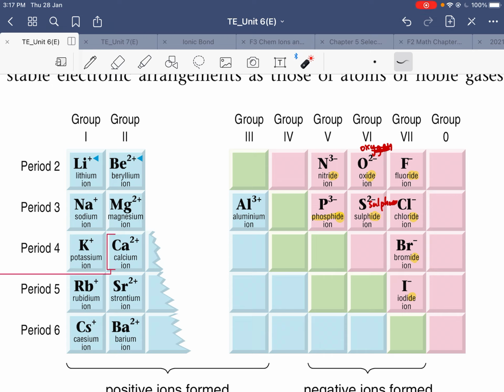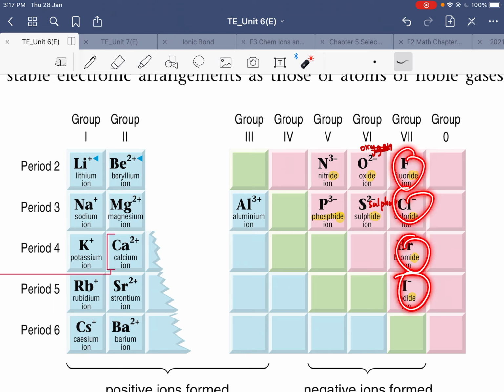So you expect all of the group 7 elements, after the formation of the ion, to carry a negative charge, because all of them just need 1 more. Fluorine atom, chlorine atom, bromine atom, iodine atom just need 1 more electron, and then they will have the octet structure, and they will become chemically inert.